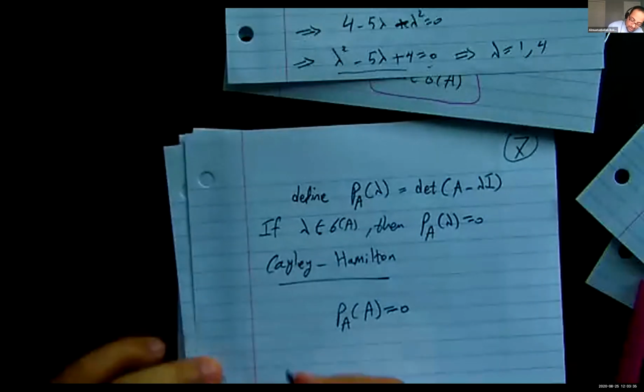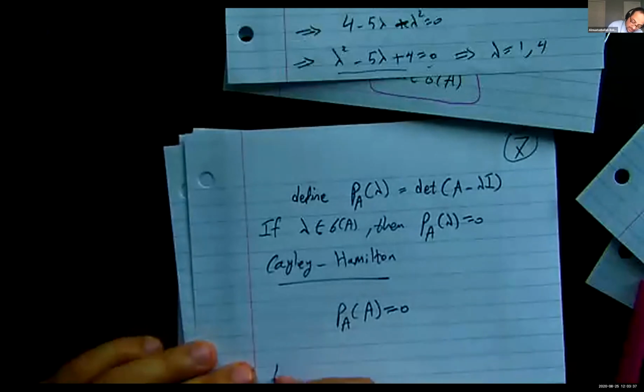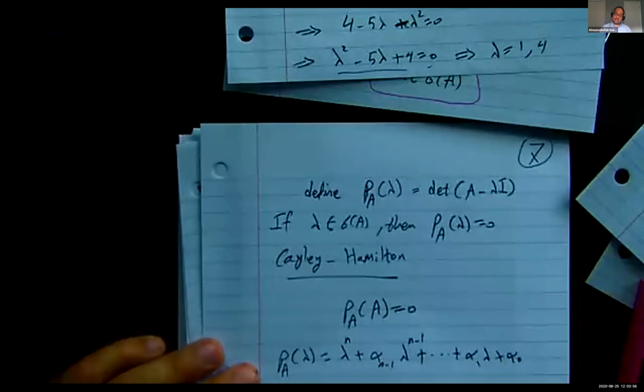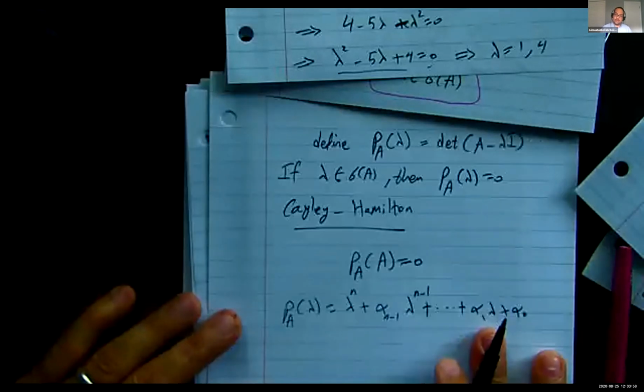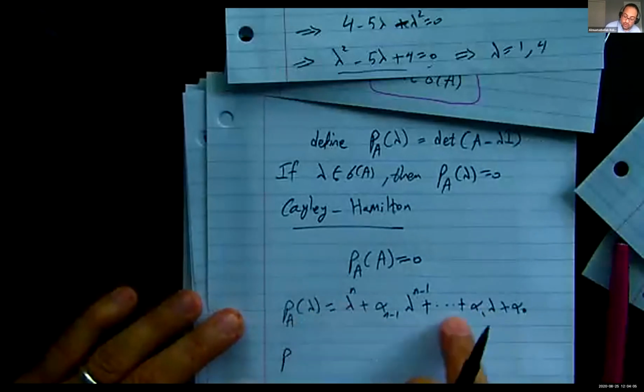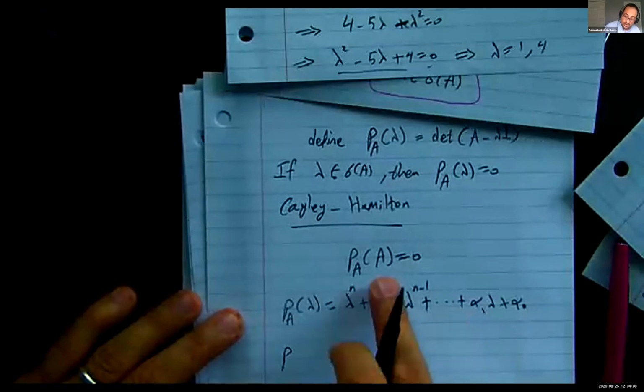What that means is the following. We know that the characteristic equation P_A of lambda is equal to lambda to the power of n plus alpha n minus 1 lambda to the power of n minus 1, plus alpha 1 lambda plus alpha 0. This is the characteristic polynomial. Cayley-Hamilton says that this will also hold for the A matrix.